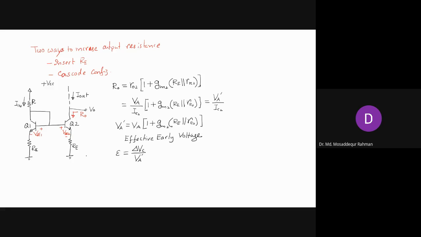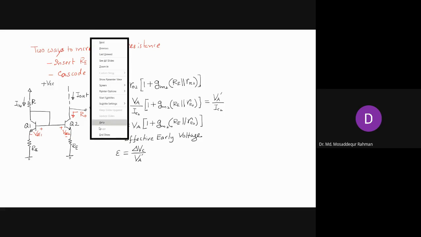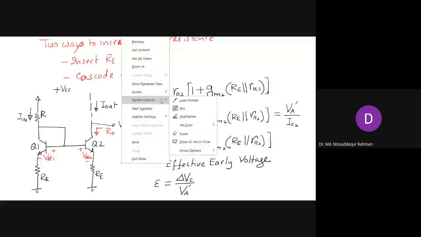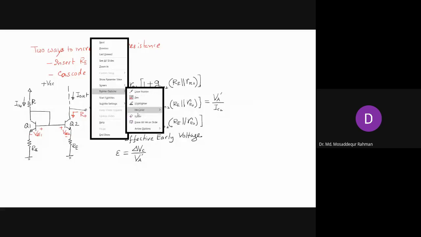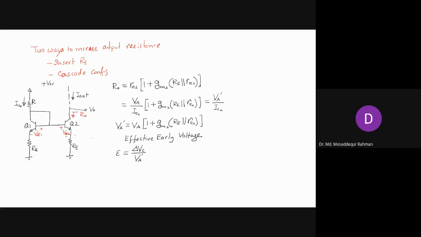Now, apart from improving the error due to the output resistance, this RE can also be used for some other purpose. And what is this other purpose? Controlling the gain.